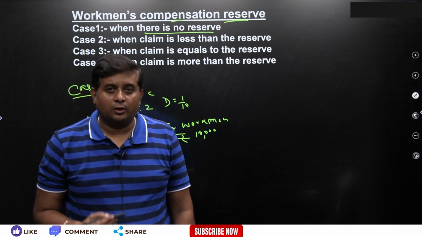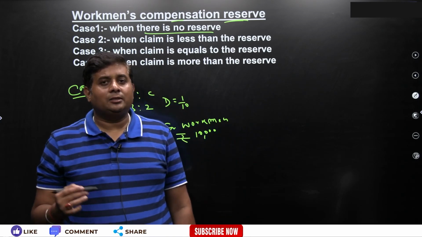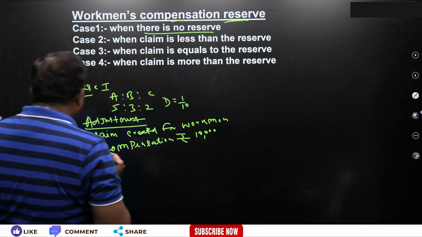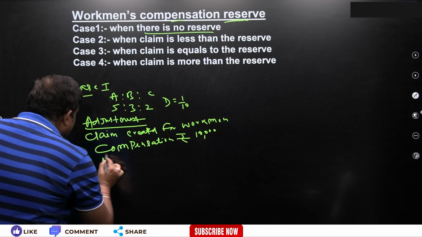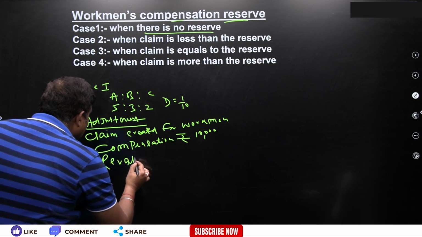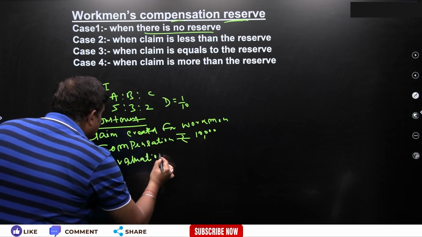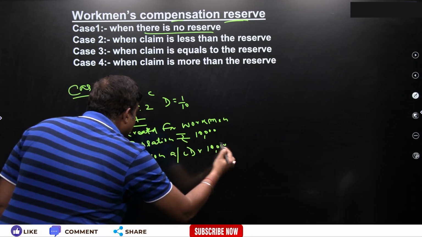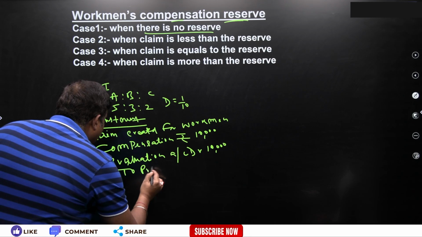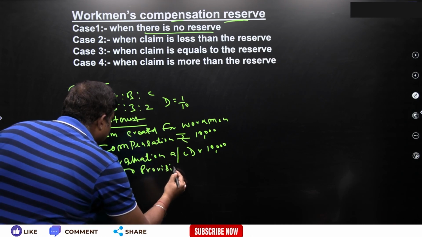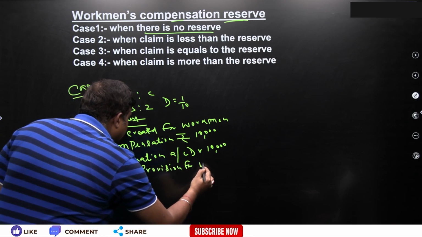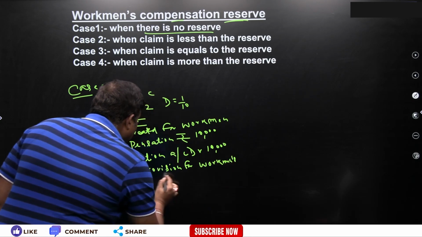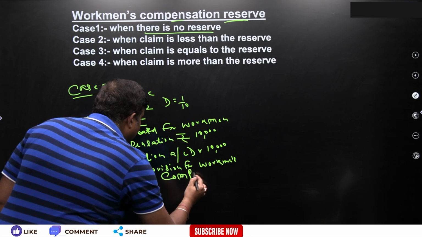As you know, whenever we create a provision for workman compensation, it is a matter of liabilities for the organization, and whenever liabilities increase, they are credited. First of all, this is actually a loss for the organization. So while creating it, the journal entry should be revaluation account debit by 10,000 to provision for workman compensation claim.